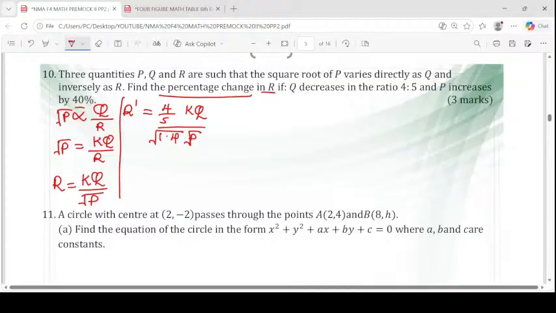My R prime will now be given by 4/5 divided by the root of 1.4. What are you going to get? That is what you need to take note of.